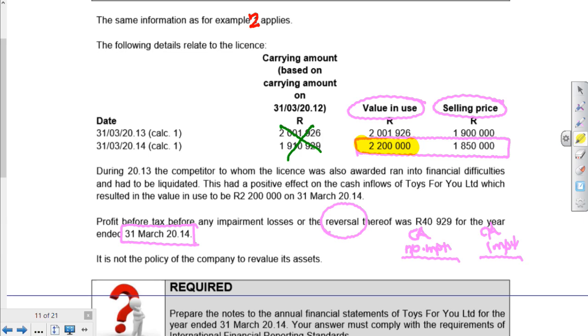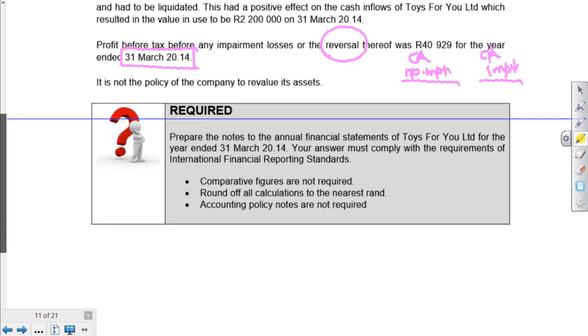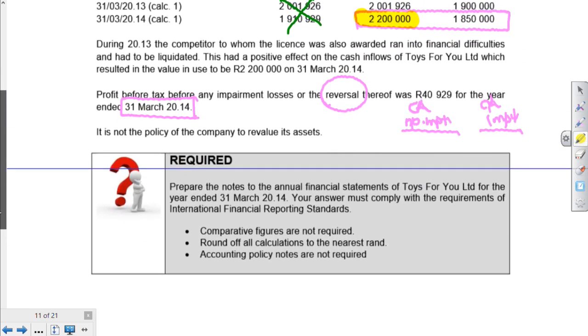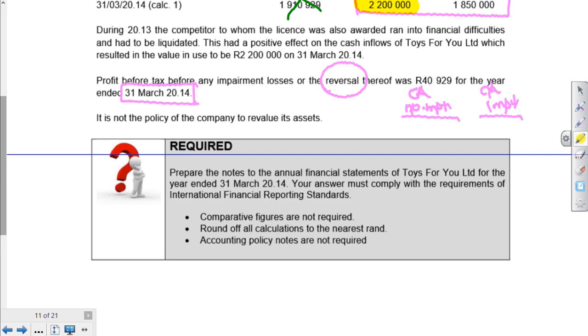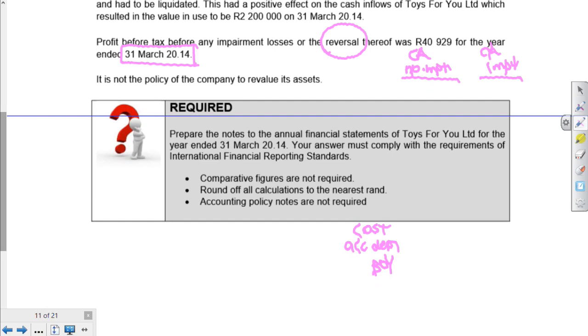Let me see if there's space at the bottom. There is a bit. For this column over here, I want you to start with cost and get accumulated depreciation to beginning of year, and then depreciation to end of year. That's your normal calc that you always would have done.